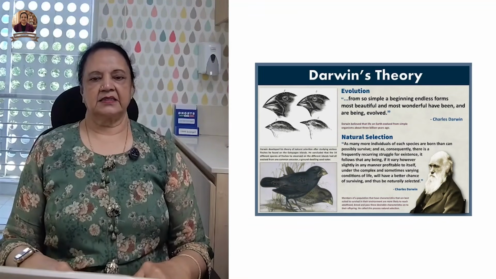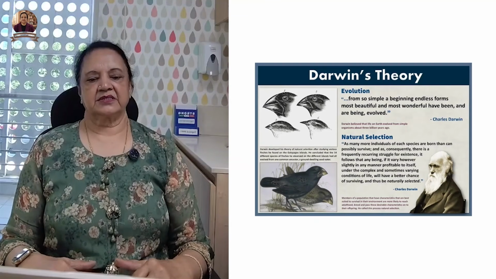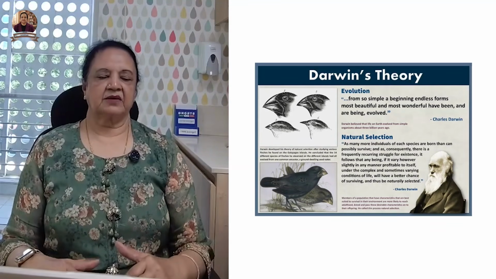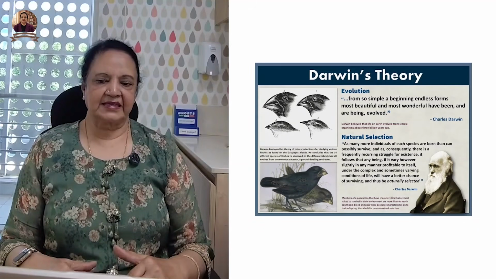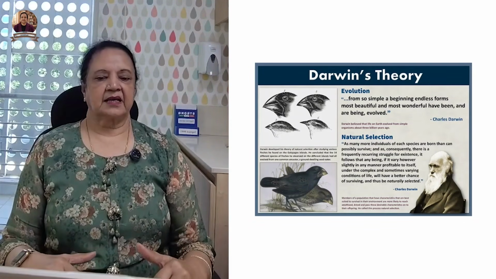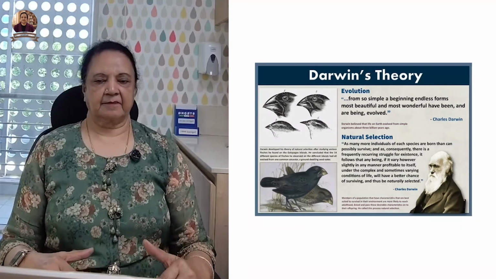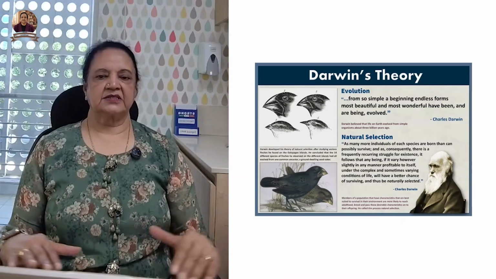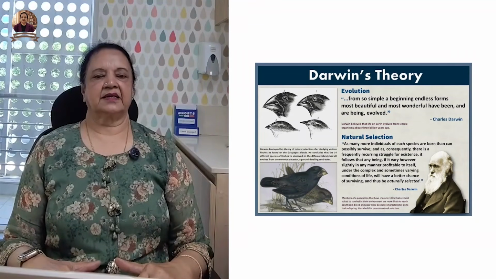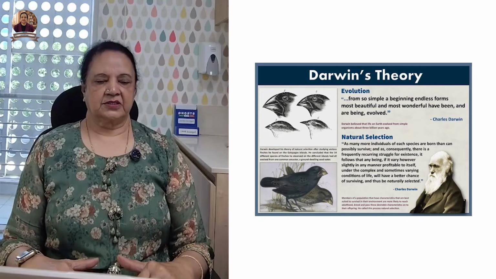And finally, survival of the fittest. Individuals with variations that are better suited to their environment, that is, the adaptive traits, are more likely to survive, reproduce, and pass on those advantageous traits to their offspring. Over many generations, this leads to a change in the characteristics of the entire population.